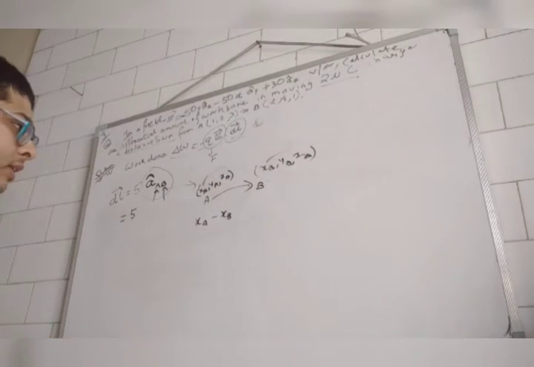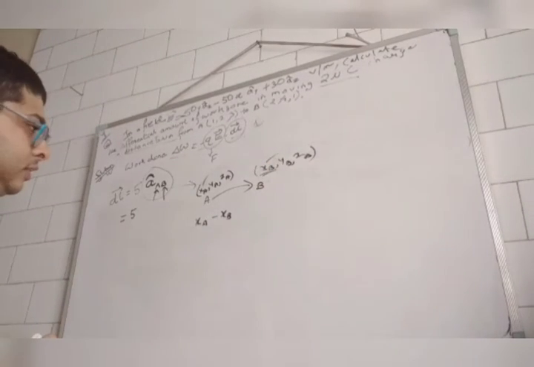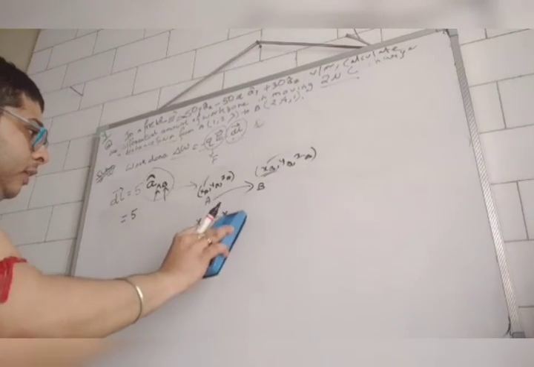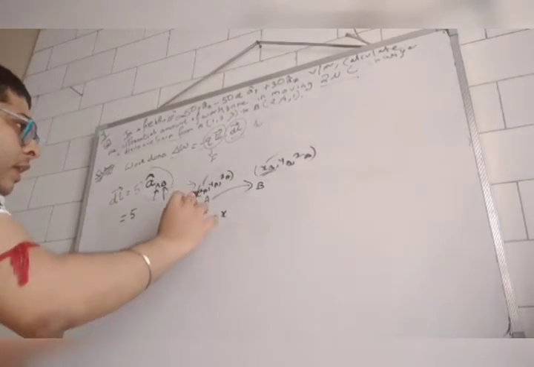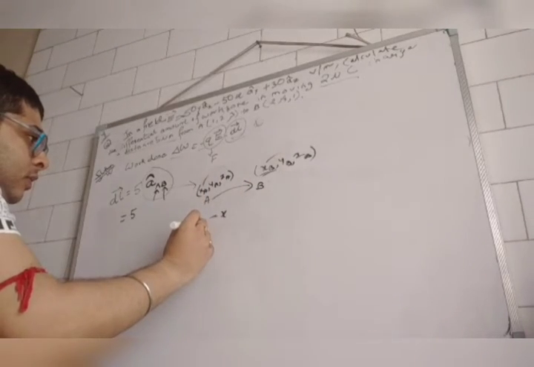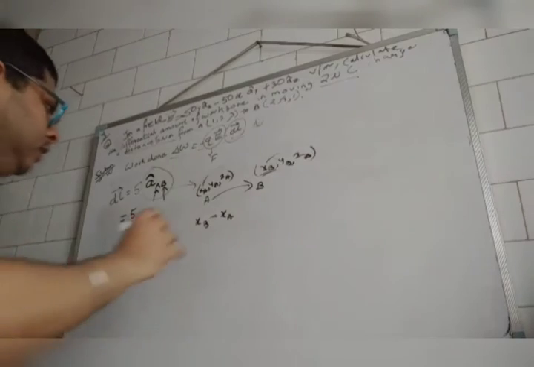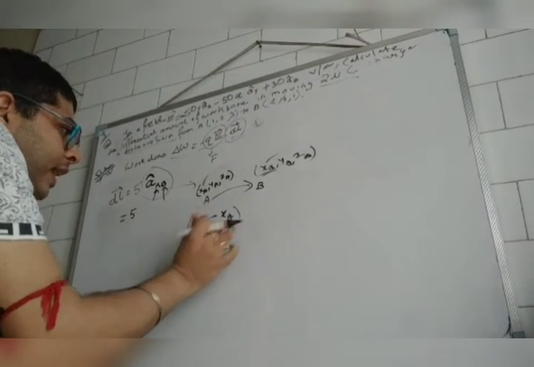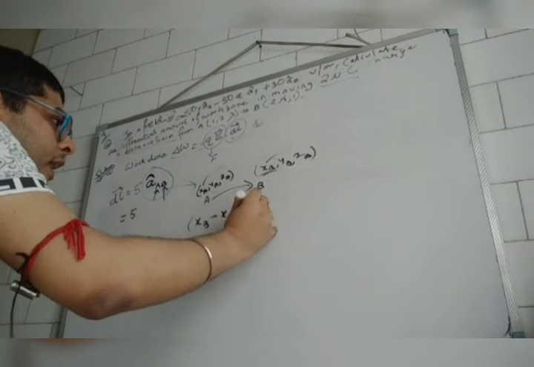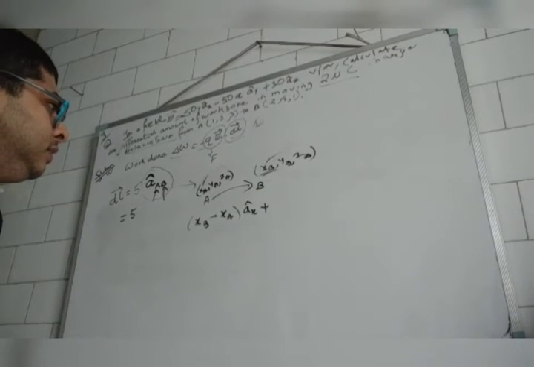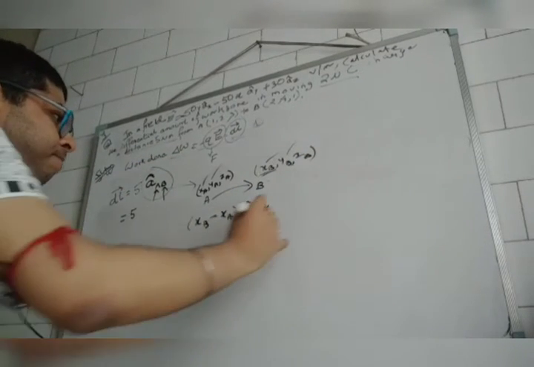So what you need to do is, you should write the coordinate of B first. That means when you are subtracting the x values, this should be xb minus xa. And this is of course for x, so our unit vector will be along the x direction, plus, now you subtract the y.